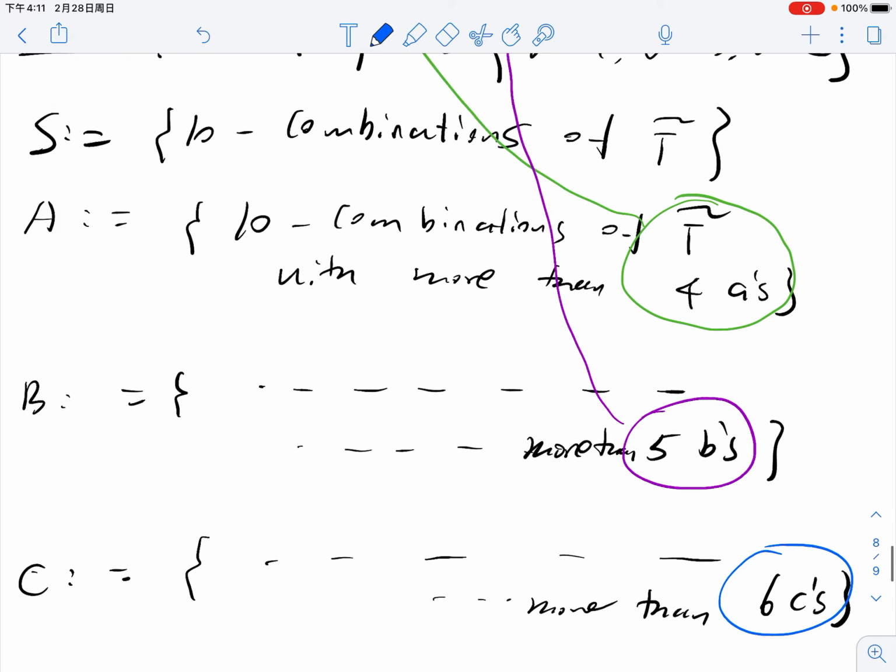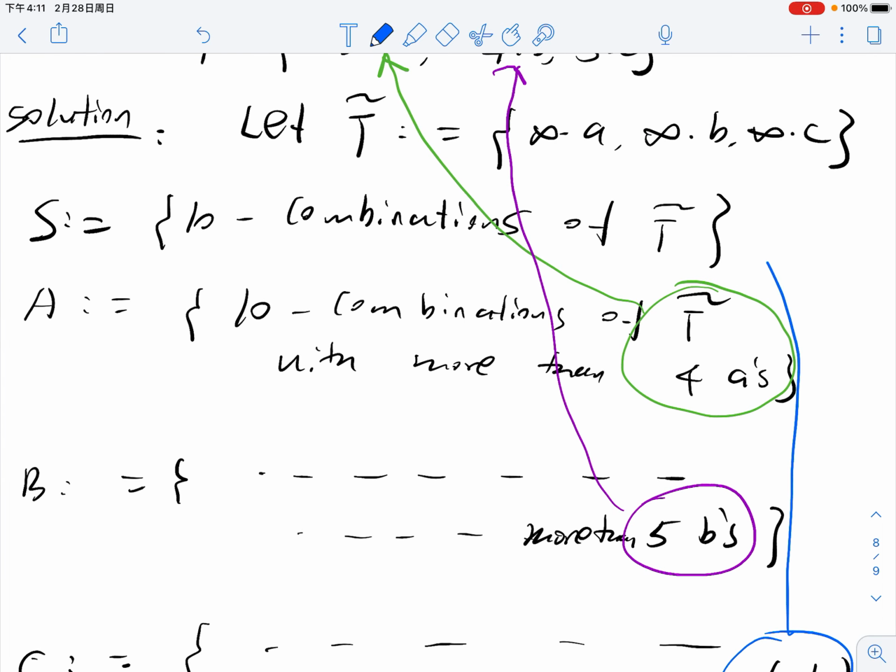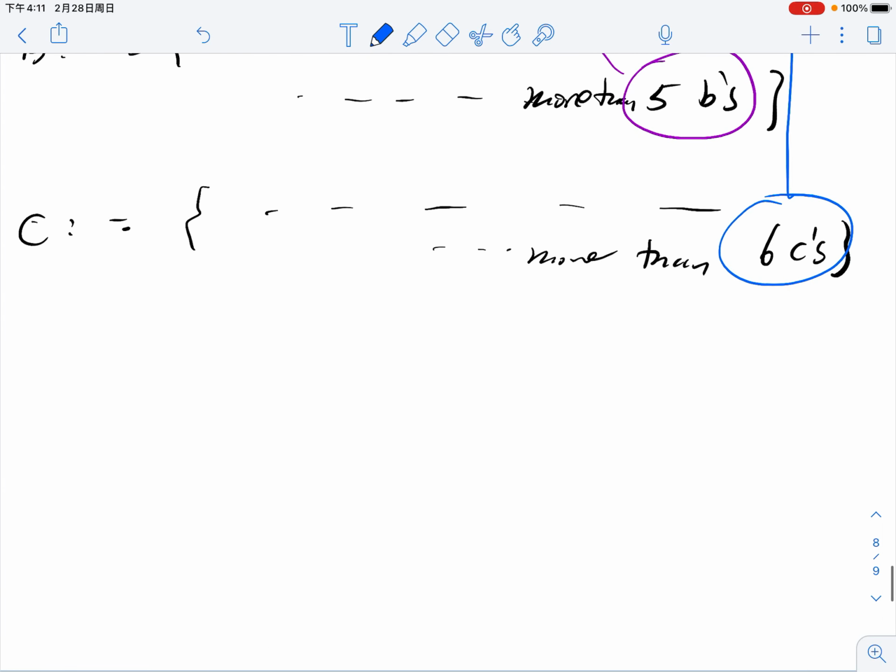And similarly here. Okay, then if you apply that, you will see that the question can be transformed into the following one. What is A complement intersection B complement intersection C complement?